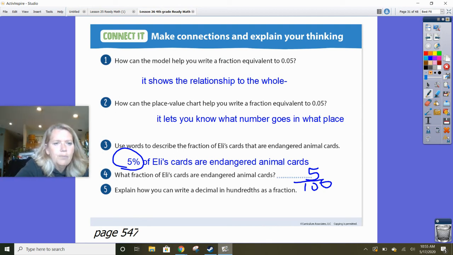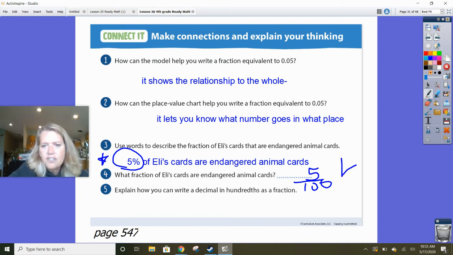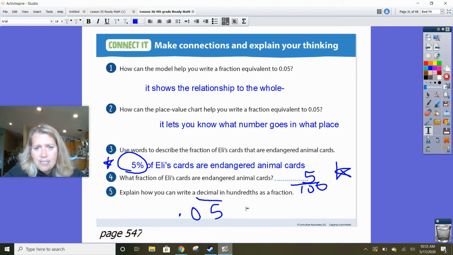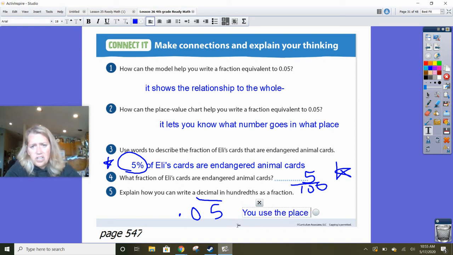Explain how you can write a decimal in hundredths as a fraction. So this is good. We have percent version here, fraction version here. Now we want the decimal version. Explain how? Well, let's write it first. I guess to explain that, I would say you use the place value chart. Right?